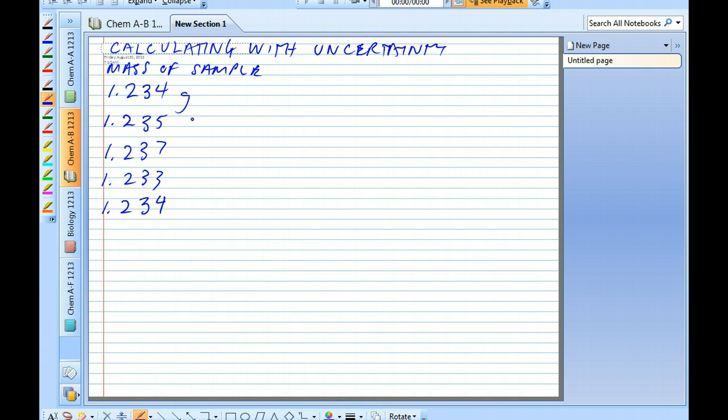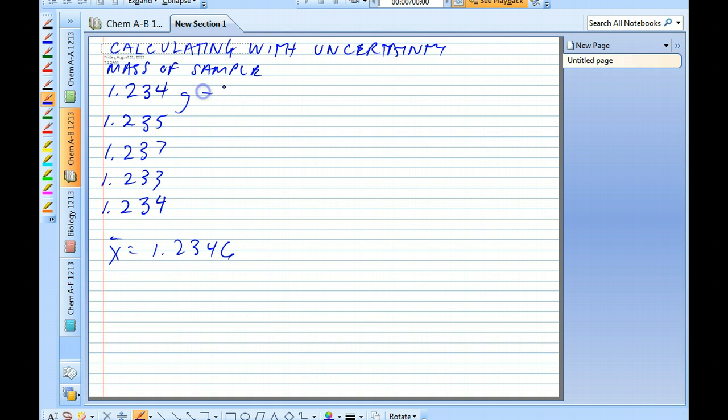So I've got all these masses, and I want to express my mass with my plus or minus values, so I can use my maximum deviation or my average deviation. Let's use the average deviation method. So first of all, my mean for this data, 1.234, .2346.